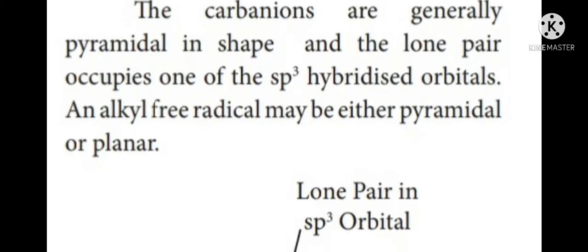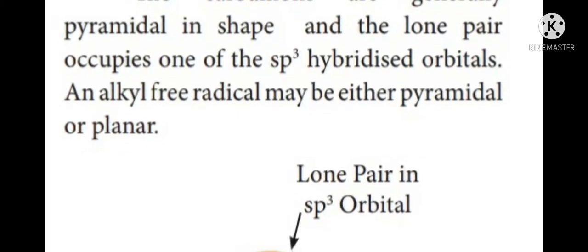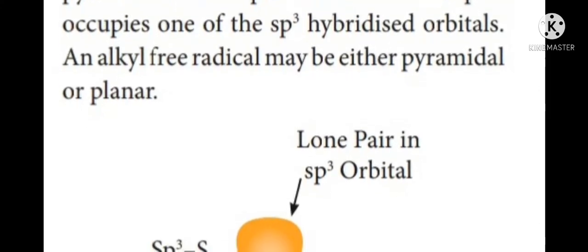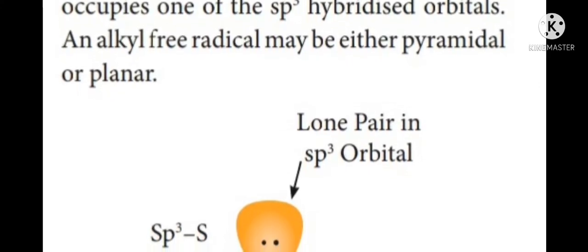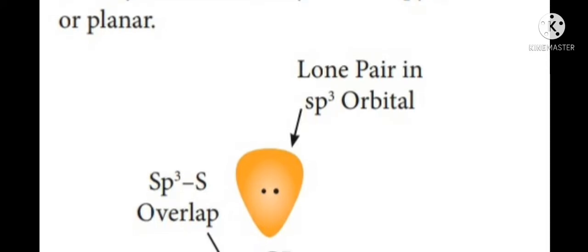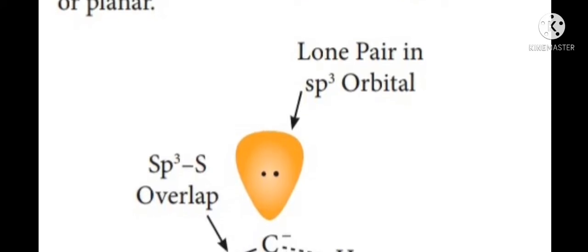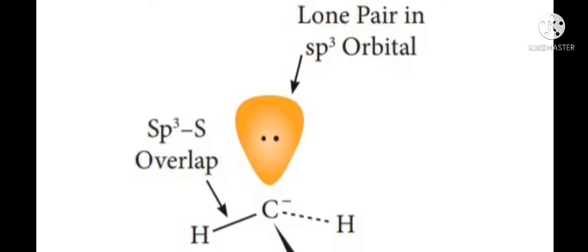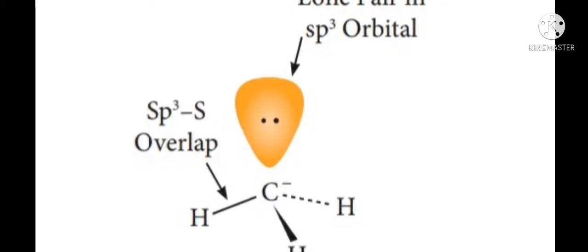Next one, carbanion. The carbon with the negative charge is said to be carbanion. Carbanions are generally pyramidal in shape, and the lone pair occupies one of the sp3 hybridized orbitals. An alkyl free radical may be either pyramidal or planar.